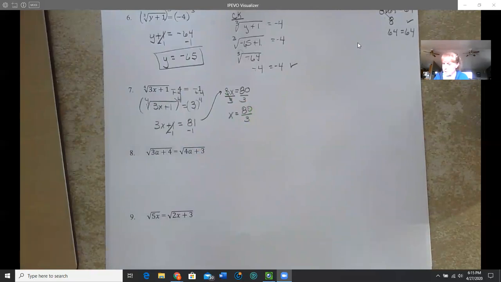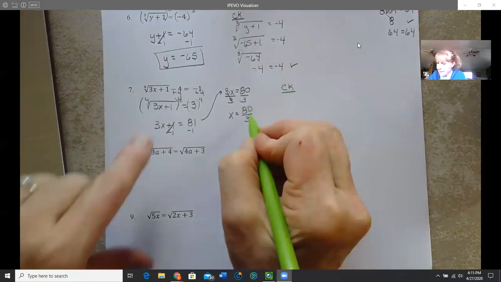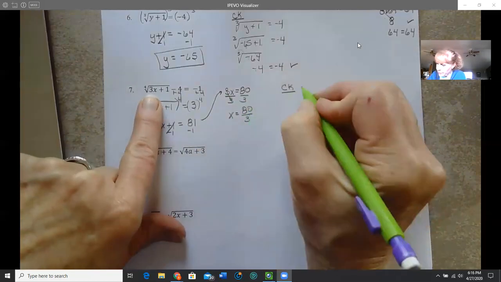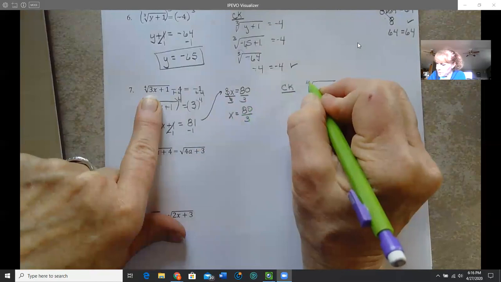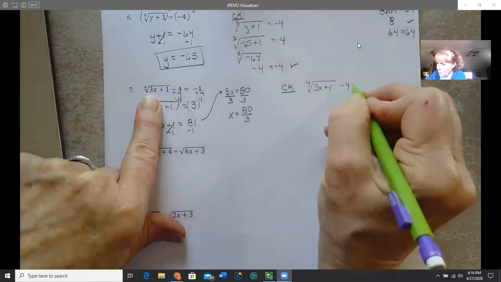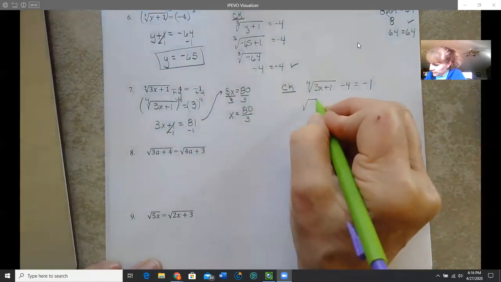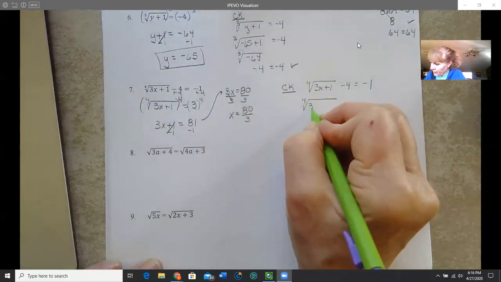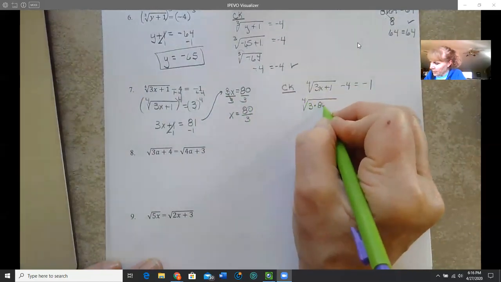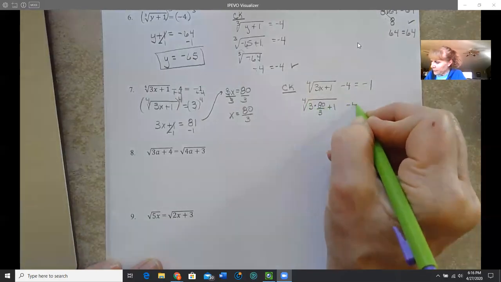So let's check our answer. I'm going to put this back up into the original. The original being the fourth root of 3x plus 1 minus 4 equaling a negative 1. Now, we'll put in 80/3. 3 times 80/3 plus 1, subtract the 4.